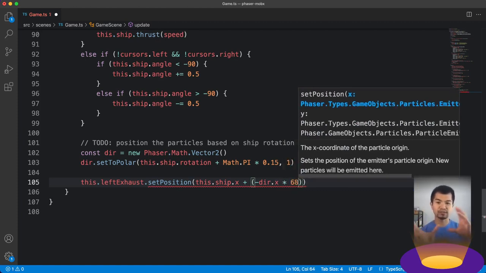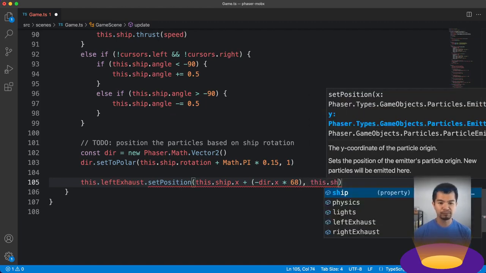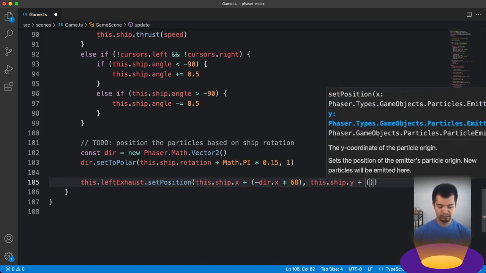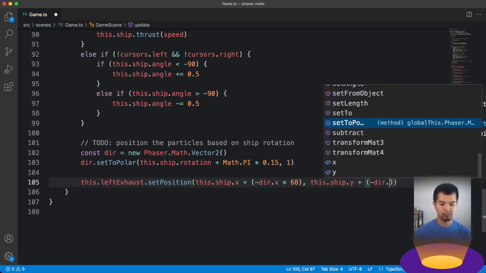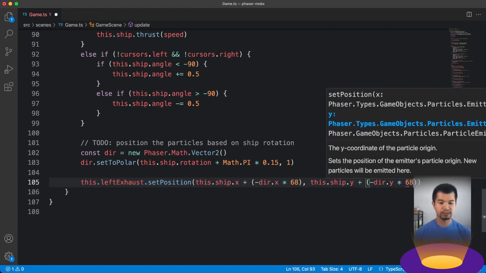Our radius was 64 for our collision box, and 68 is just the right number here. It's kind of a magic number. It'll be different depending on your exact sprite. And then this.ship.y plus minus direction.y times 68.